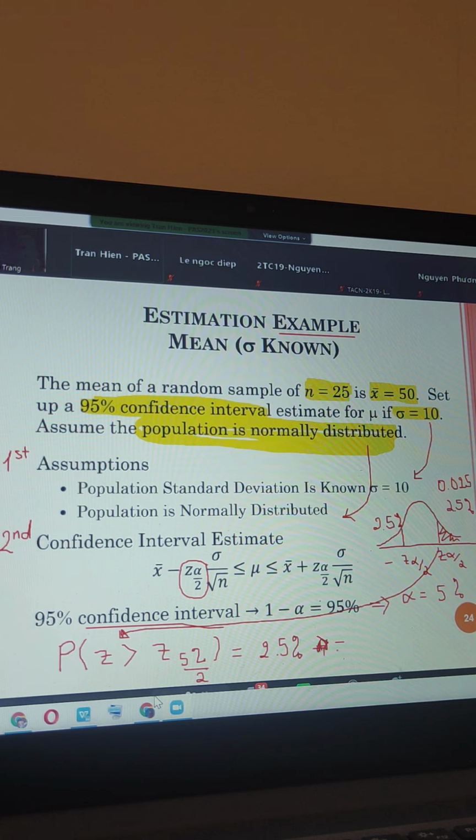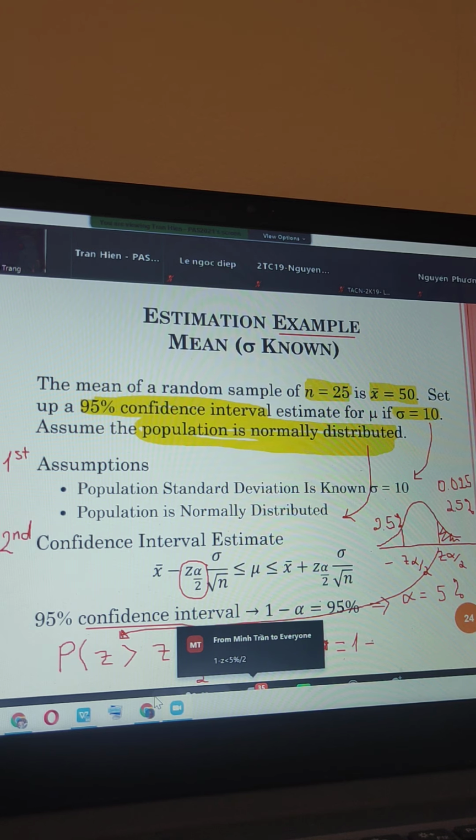It is equal to 1 minus what? Do you remember? Okay, thank you, Ming-Chen.